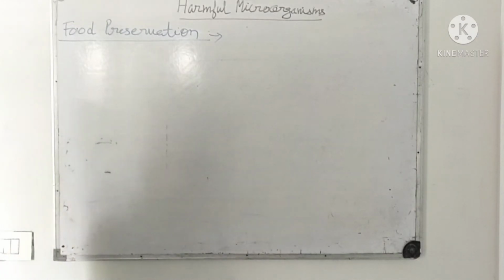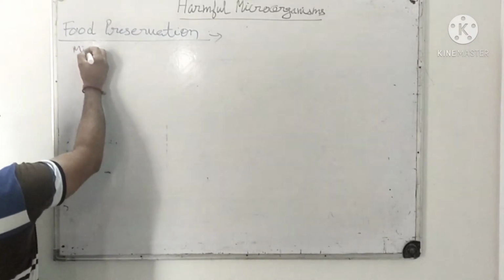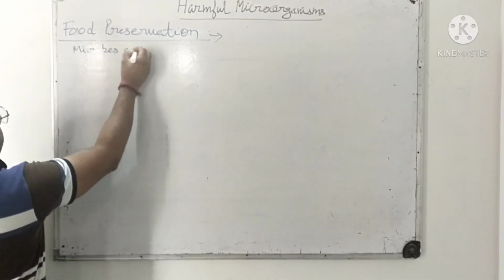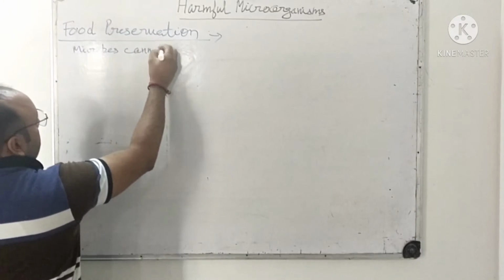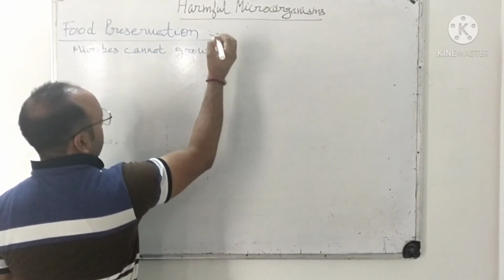So, the three conditions in which microorganisms cannot grow. Microbes cannot grow in where?